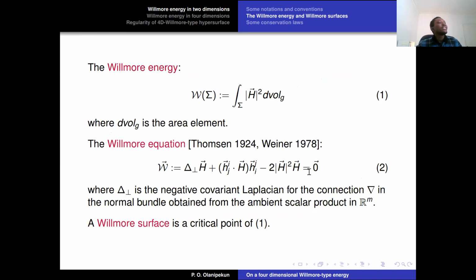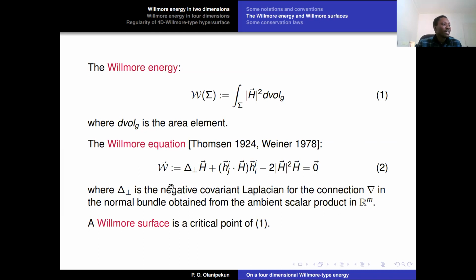So the Willmore energy is defined this way. The vol G is just the area element. So it's the integral of the square of the mean curvature. And as I said, the Willmore equation is just equation 2.